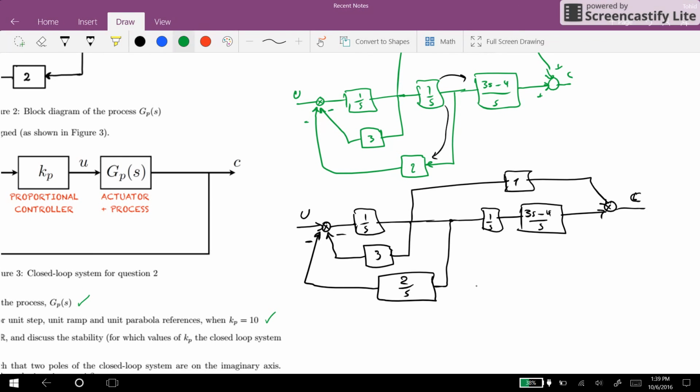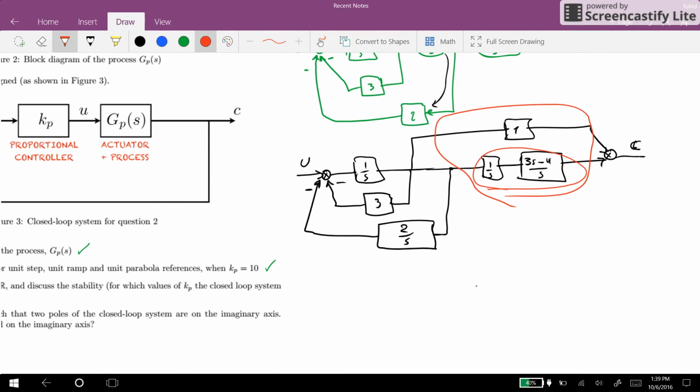Now, as we can see here, these two blocks are in series with each other and the whole thing here is in parallel with the other branch. So what we have here is 3S minus 4 over S squared. And we have 1 over there.